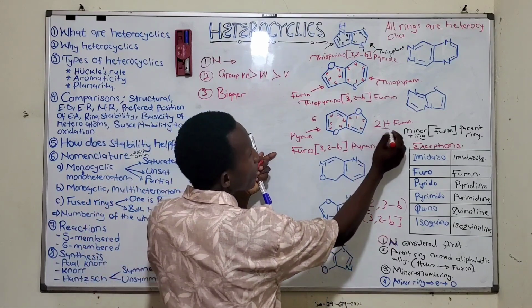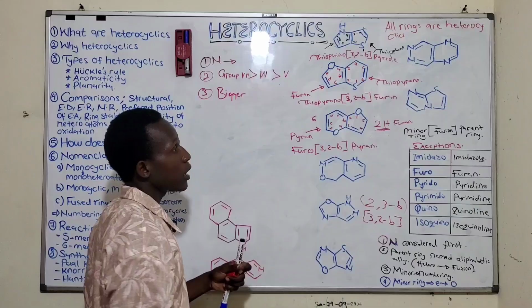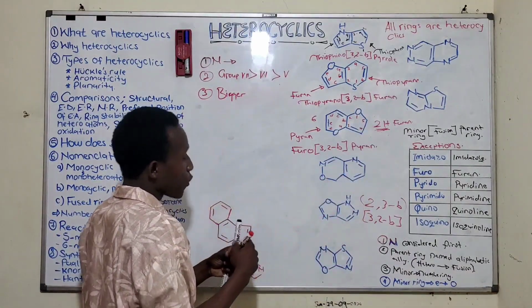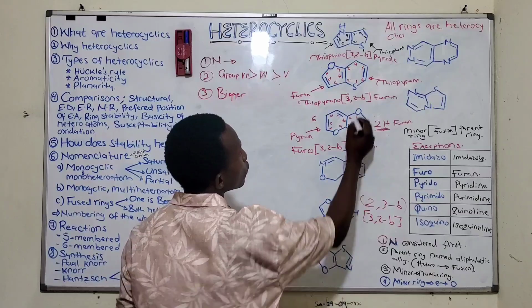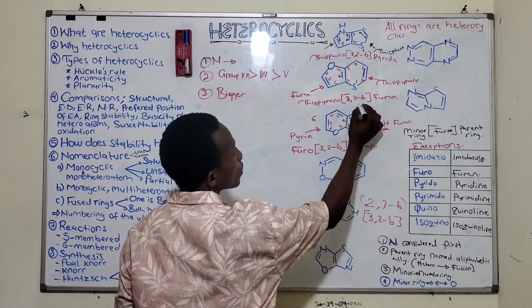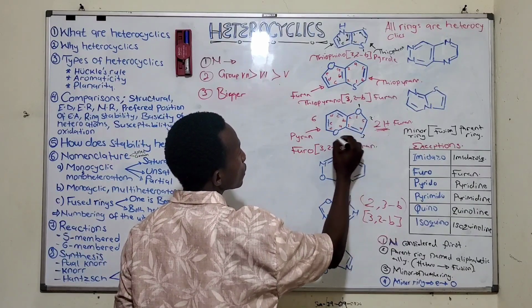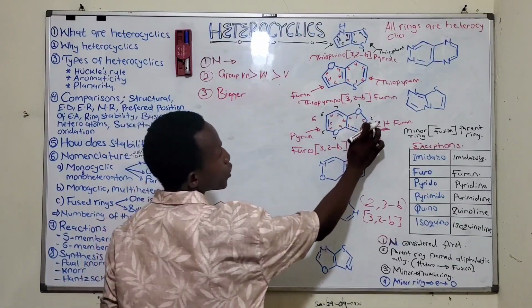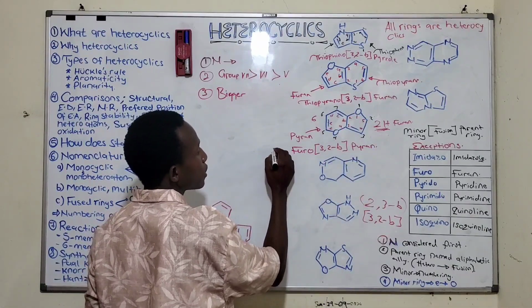But we also consider the saturated atom. If we are numbering the whole system, we shall begin from this position: 1, 2, 3, 4, 5, 6, 7. So at position 2, we are having a saturated atom.